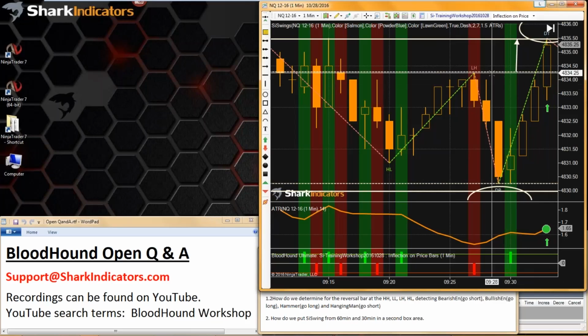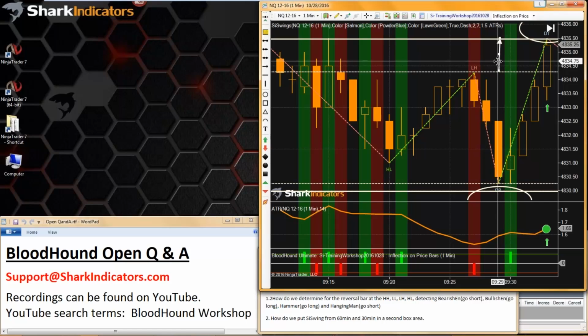So the distance of this arrow must be no more than 2.25 when you look at price. Looking at price, we've got 34.25 up to 35.5, so that's 1.25.